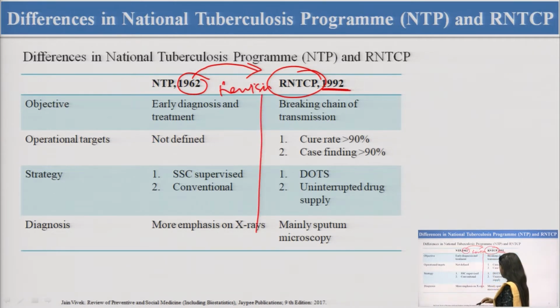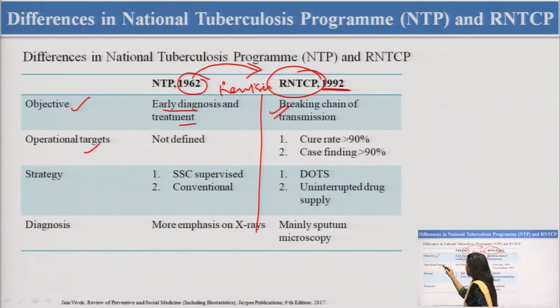Because we did the revision, there are some differences. The objective of the NTP was early diagnosis and treatment. But in 1992 we changed the objective: our objective is breaking the chain of transmission. This is the first difference. Then, the operational targets.